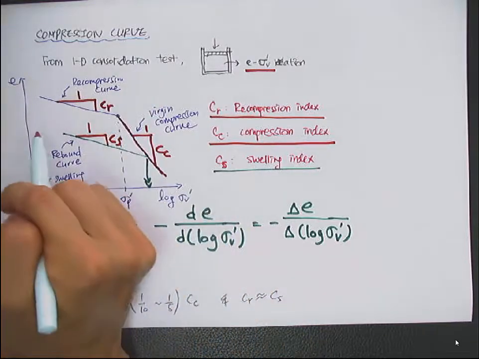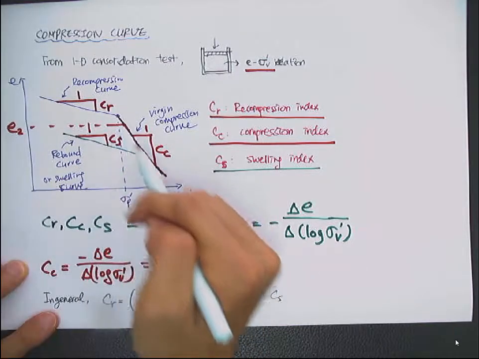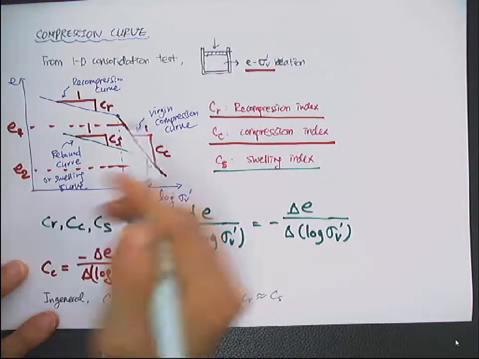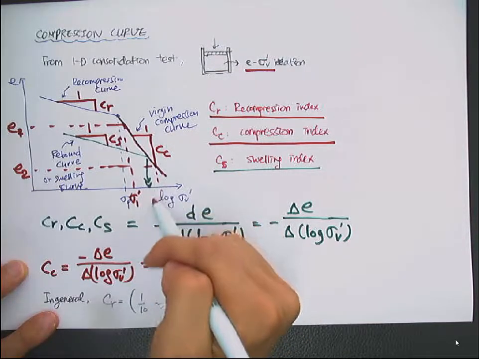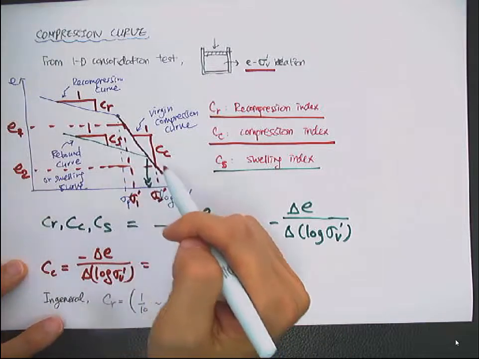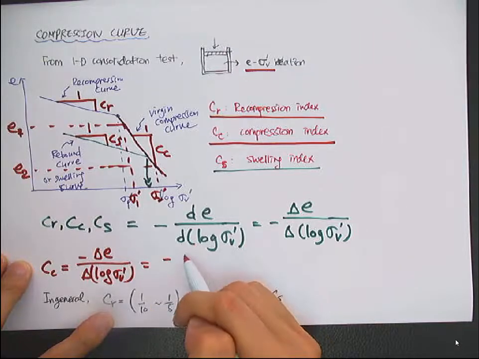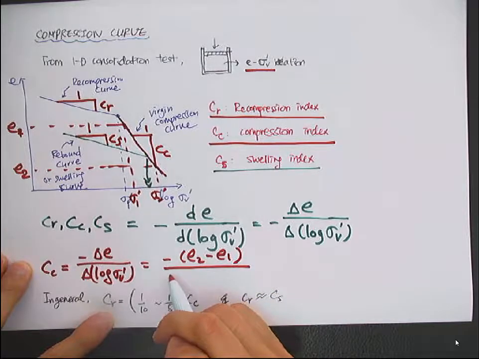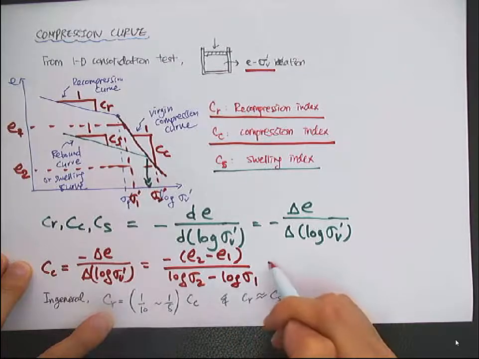So let's say that this is void ratio e1, and this is e2, and this is sigma 1 prime, and this is sigma 2 prime. So there's a loading from sigma 1 to sigma 2, then minus (e2 minus e1) over (log sigma 2 minus log sigma 1).